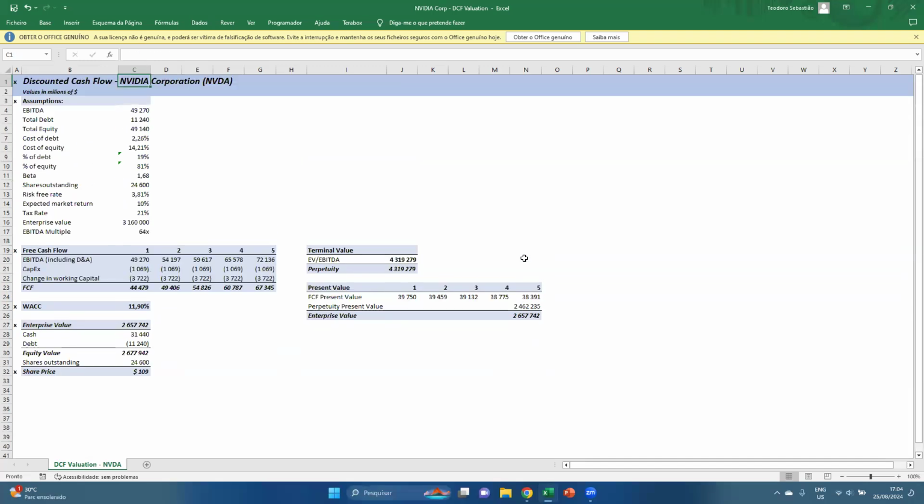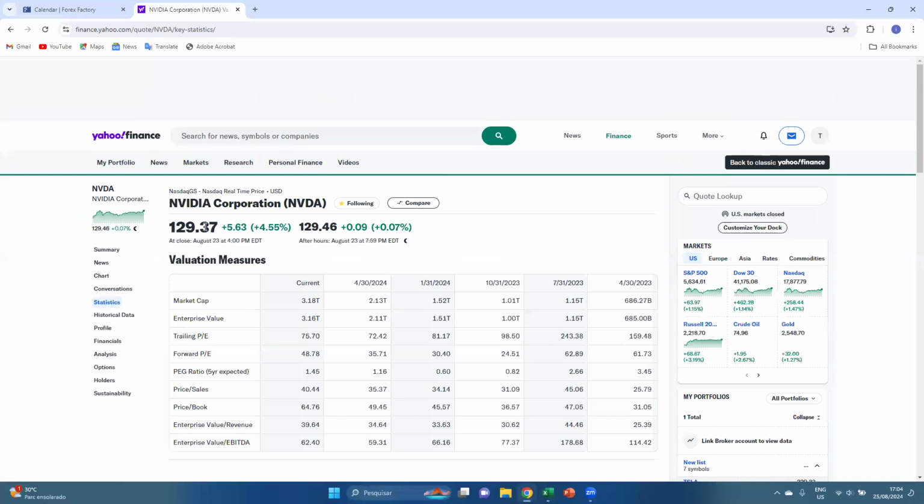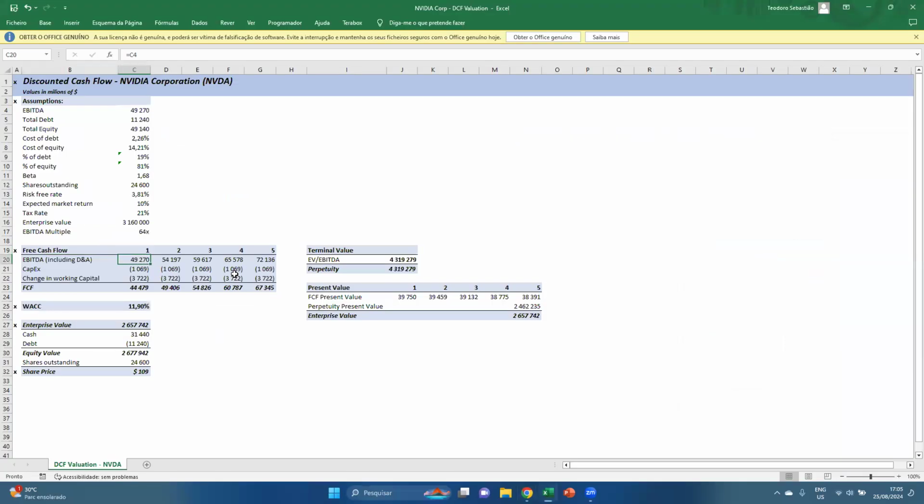Based on this analysis, basically we can see that NVIDIA is overvalued and we can expect, logically, it can grow in the short term, but in the long term, for the next 5 years, basically we can have a decrease in their share price.